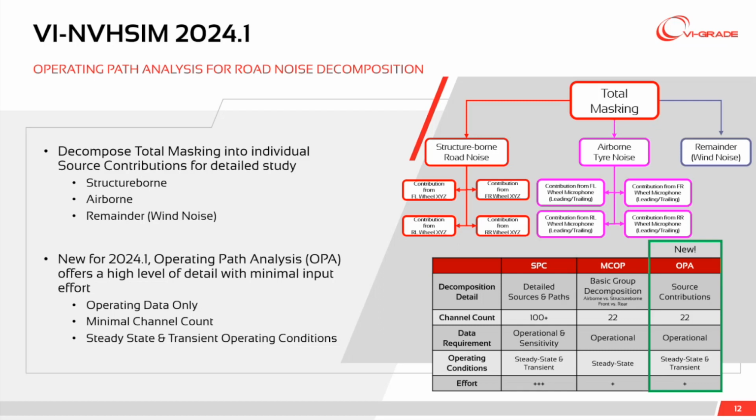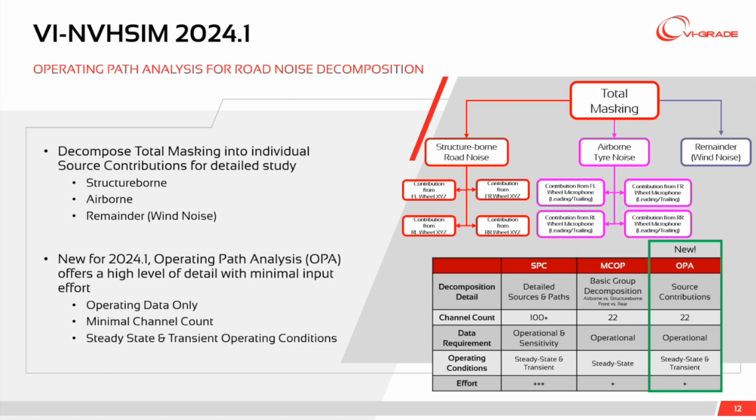What it allows us to do is get not only down to the group level of structure-borne, airborne, and wind noise, but also down into individual source contributions from any of the reference signals that we measure. It still has a nice minimal channel count requirement. We'll get into that very shortly.